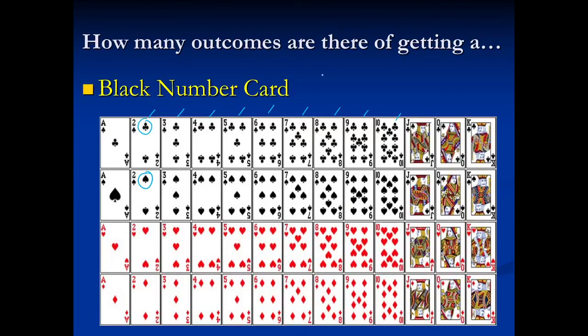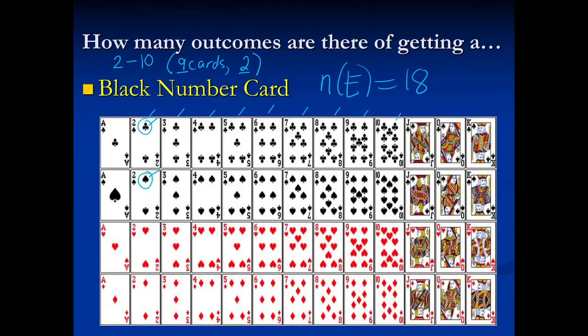So take note, from 2 to 10, there are 9 cards. And then each comes in two black suits. It can be clubs, it can be spades. So 9 times 2 is 18.